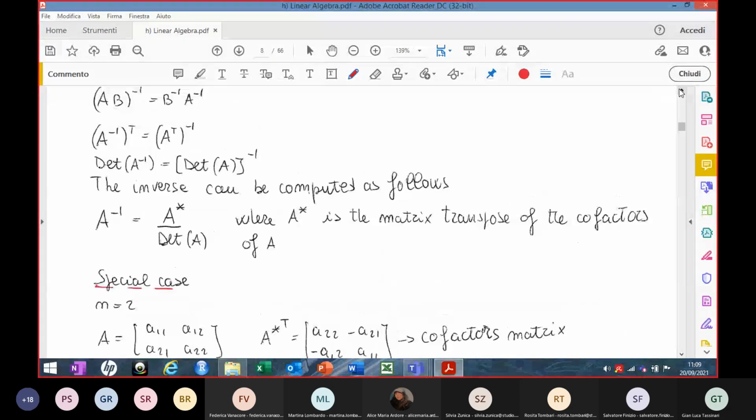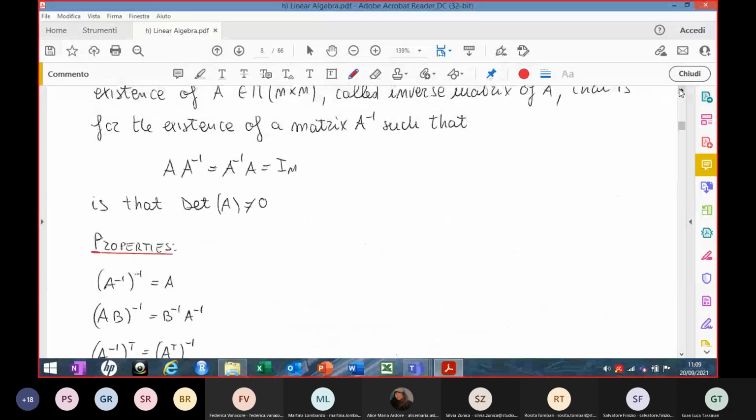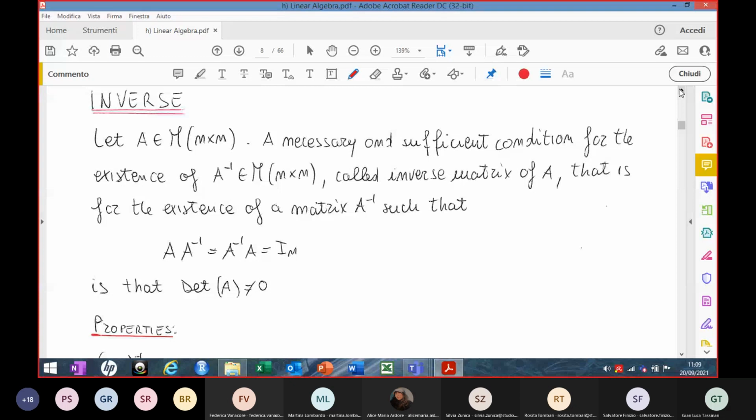Let me tell you only the last concept, and then with the theory we have really finished. The inverse: I told you that determinant and trace can be computed only for square matrices. Also, the inverse can be computed only for square matrices.